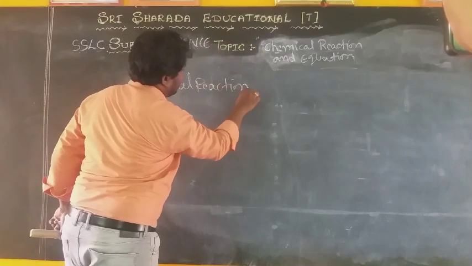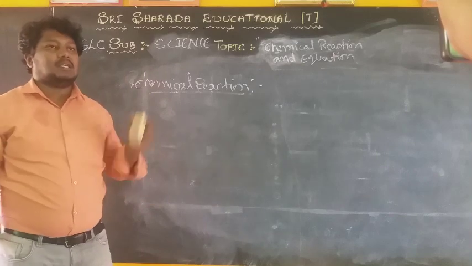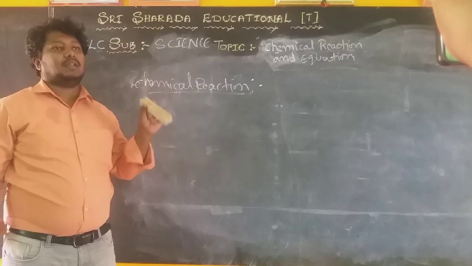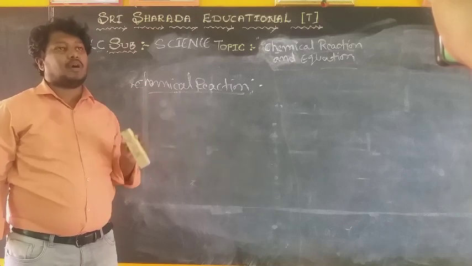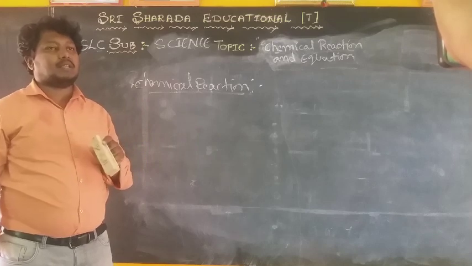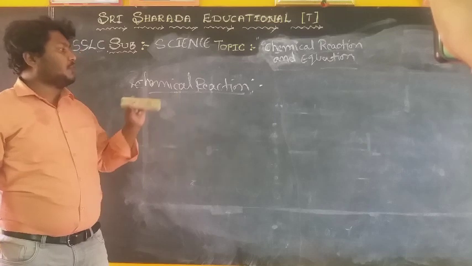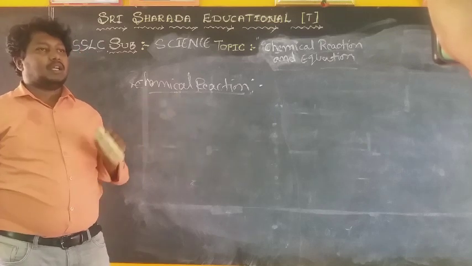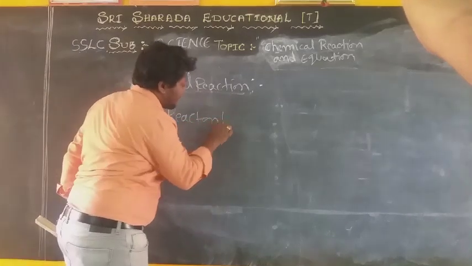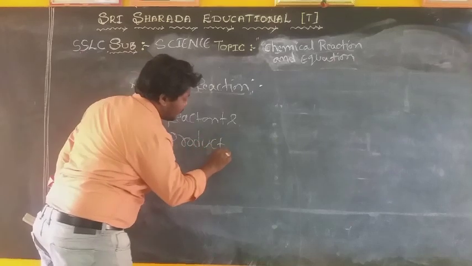Chemical reaction. Note the definition: the breakdown of chemical bonds and the formation of new chemical bonds is called a chemical reaction. For a chemical reaction we need reactants and products.